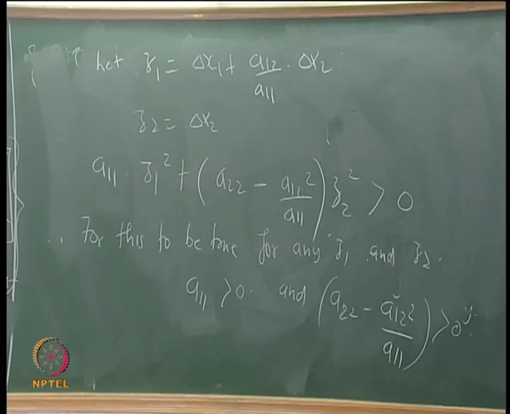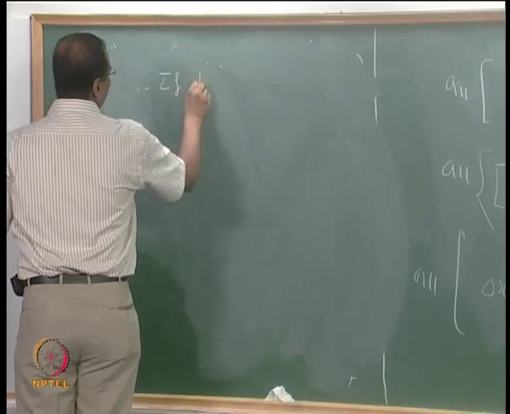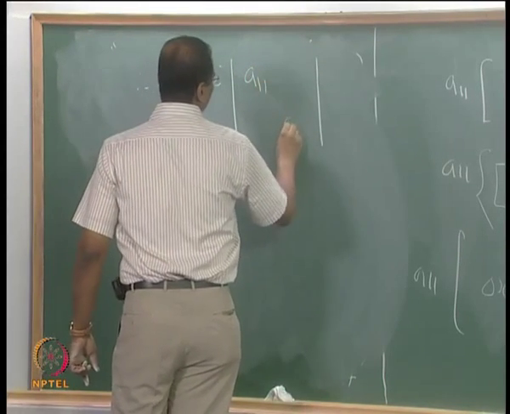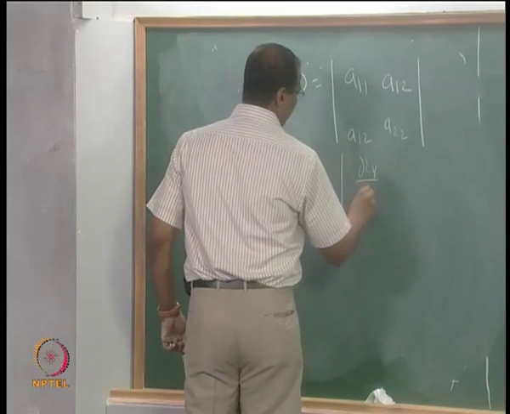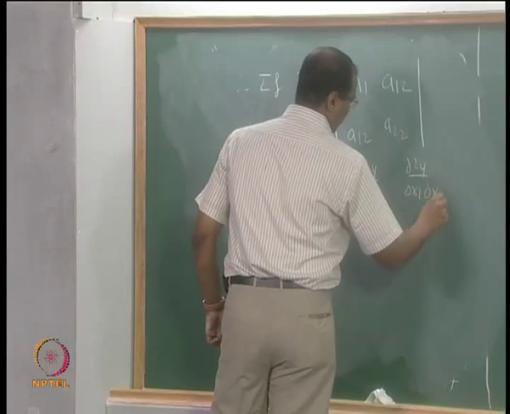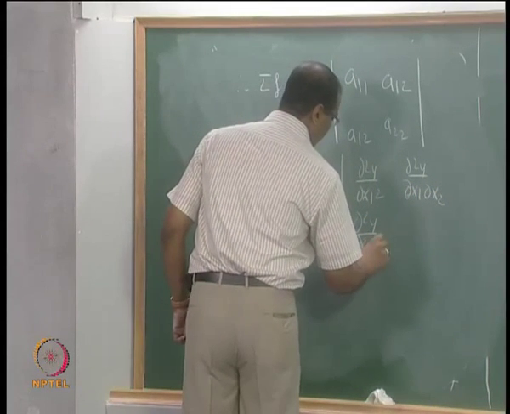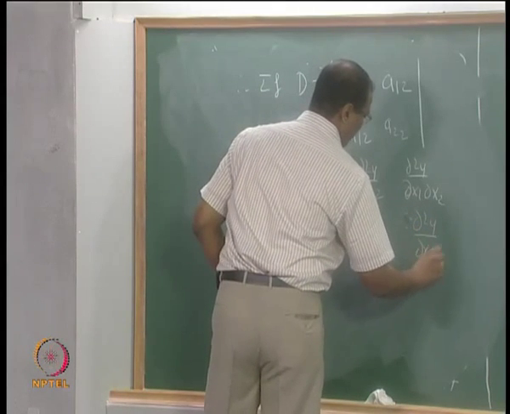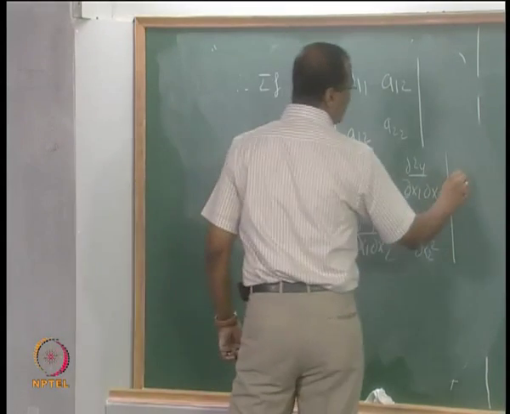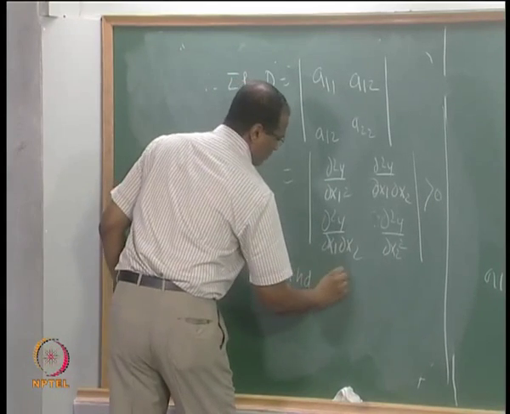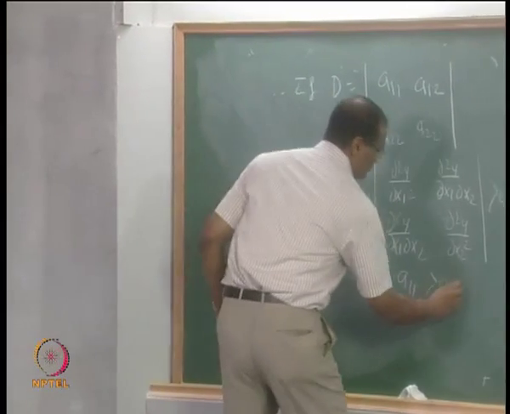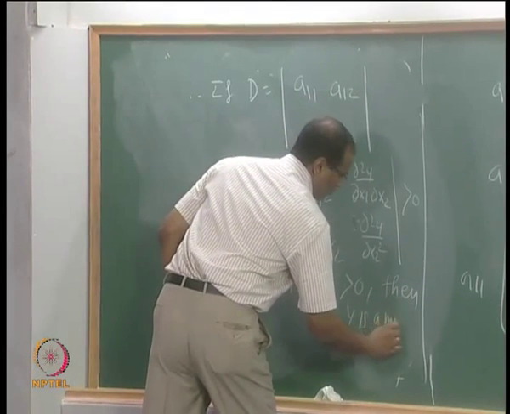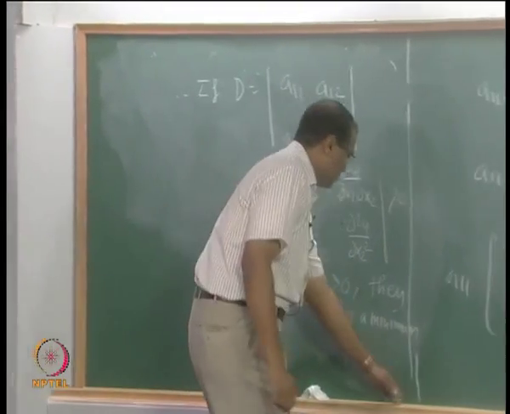Therefore, if D is the matrix of, is also equal to, if D is greater than 0 and a11 is greater than 0, then Y is a minimum.